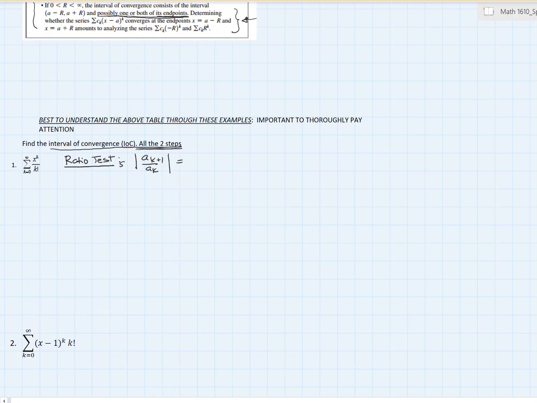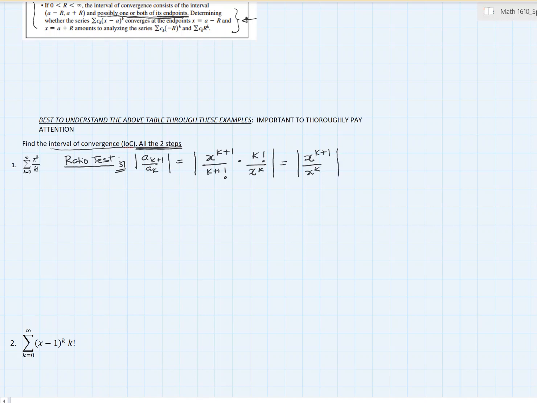So this is step one. So this would be x to the power k plus 1 over k plus 1 factorial, and then divide by a_k, so that would mean k factorial over x raised to the power k. So again, you've seen enough of this stuff. Let's go through the steps. x to the power k plus 1 over x raised to the power k.